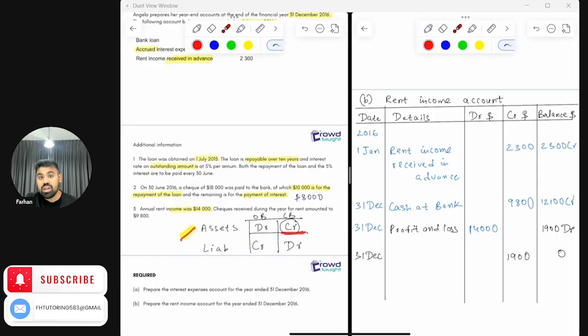When we say rent income receivable, it means that the tenant has used our space but still hasn't paid us yet. So there are economic benefits attached to it, which we expect to get from our tenant in the next financial year. Therefore, at 31 December 2016, it's going to be rent income receivable. On that basis, altogether, the net balance comes out to be 0.